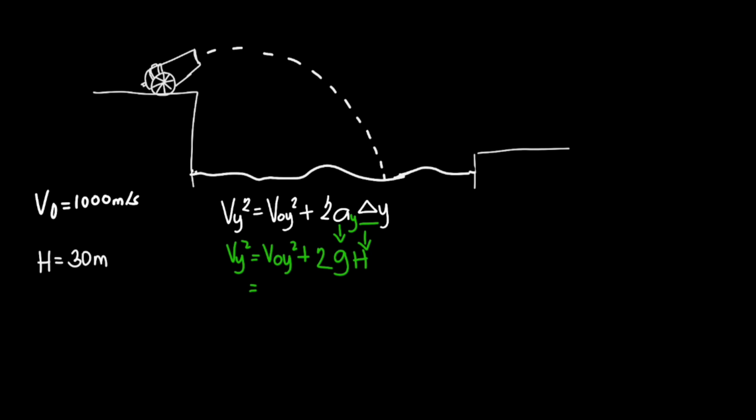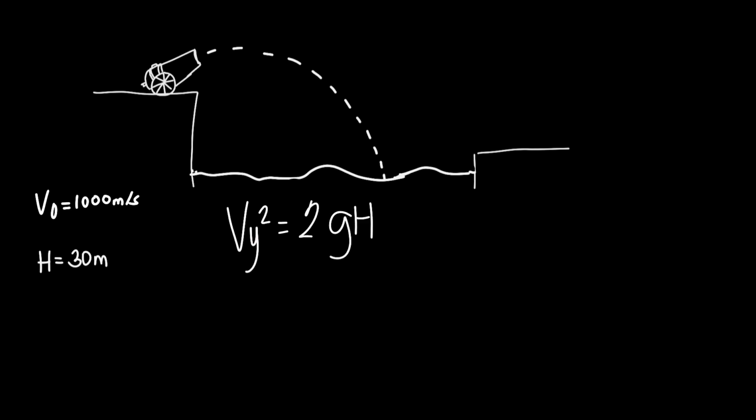Now remember, when it comes to horizontal projectile, the initial vertical velocity is always equal to 0. Then bring down the 2gh, and we still have the Vy squared at the beginning, the final velocity for the vertical direction. So we will have Vy squared is equal to 2gh. So now we have the final formula for the final vertical velocity.